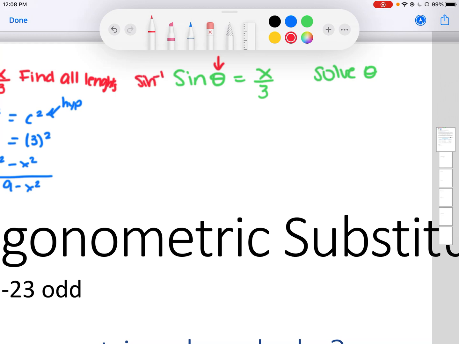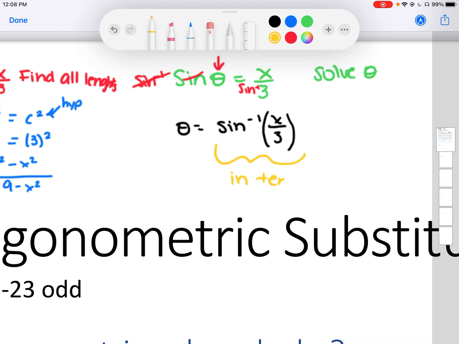The sine inverse and the sine are inverses, so you're left with theta is equal to sine inverse of x over 3. We do this because sometimes we need a function to be in terms of a different variable. So here it'd be in terms of x because our argument is in x.